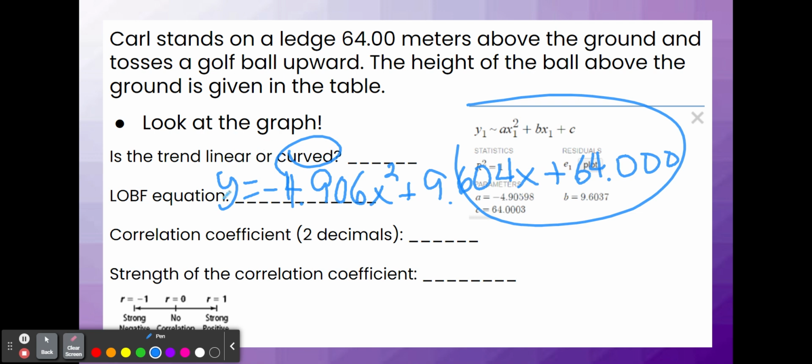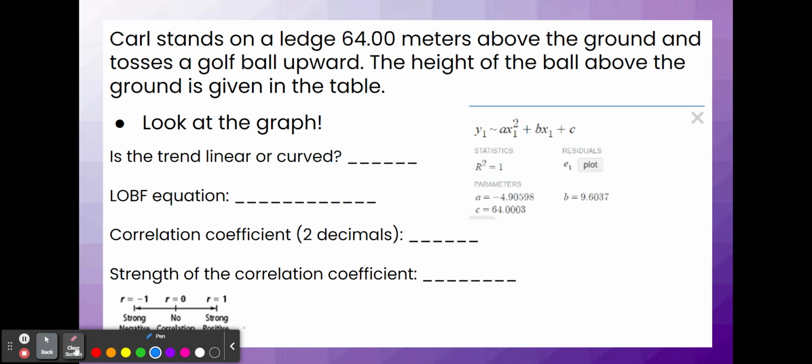And what's our correlation coefficient? Well, it was exactly 1. So what is that strength? That's actually perfect positive. But if you said strong positive, that would be fine too. I will take either one of those answers. They're both strong.